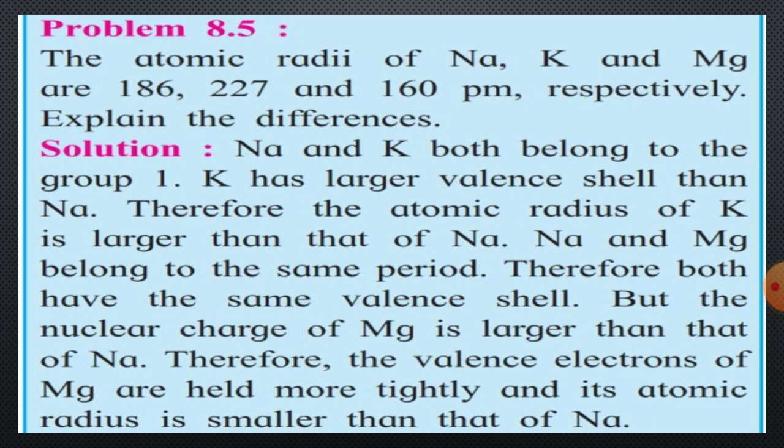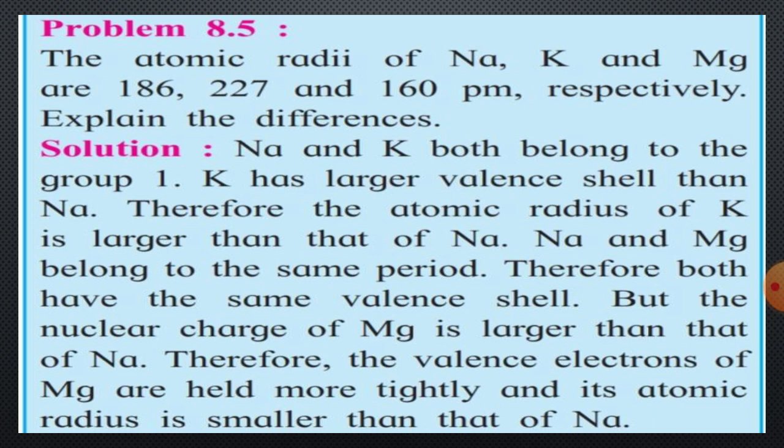So the nuclear charge of magnesium is larger than that of sodium. Therefore, the valence electrons of magnesium are held more tightly and its atomic radius is smaller than that of sodium. The +12 will attract the valence electrons more tightly in magnesium as compared to sodium, as sodium carries lesser nuclear charge than magnesium.